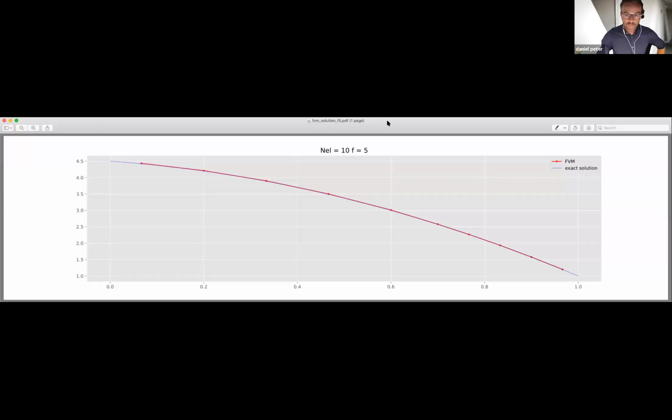So again, it's just the diffusion equation, the steady state, which would, for example, look something like this. The red dots would be the finite volume solution, which we compare against the blue line, the exact solution for that problem.